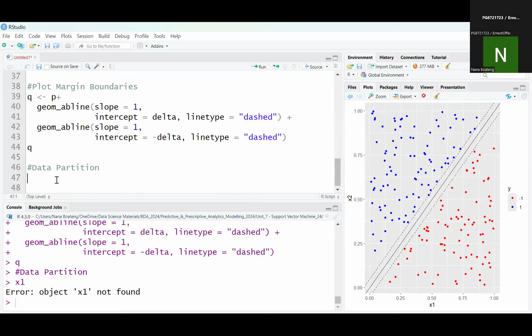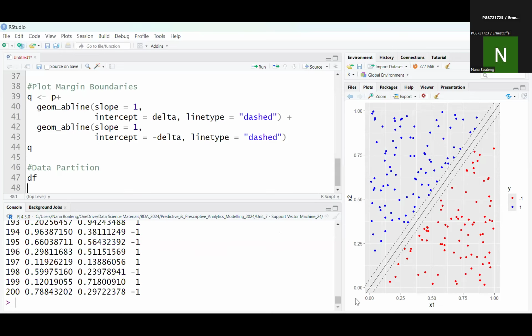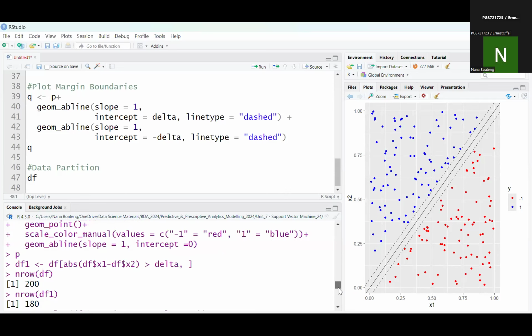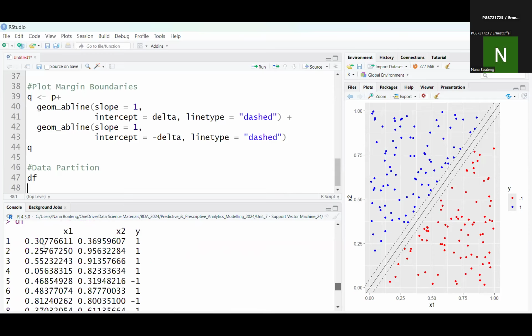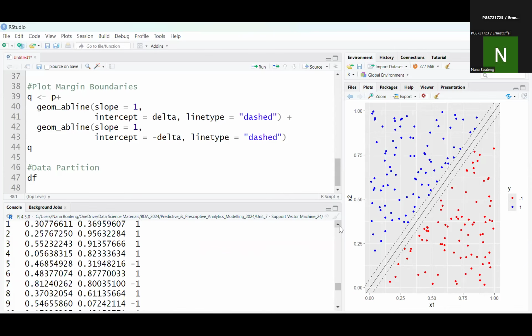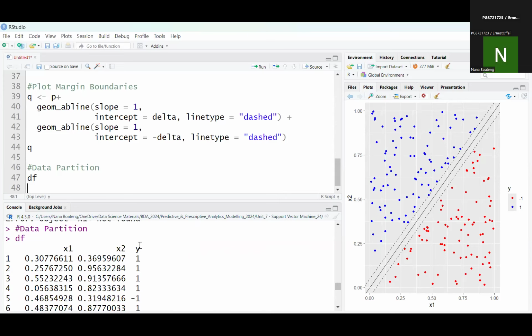Sorry, put it all together in the data frame. So these are the numbers we generated for DF. The random uniform numbers are normally between 0 and 1. So these are the numbers, and then we also associated them with the region where they were. So these have been randomly done.